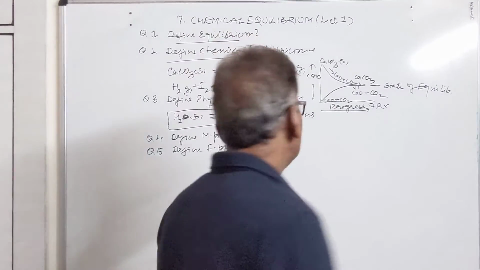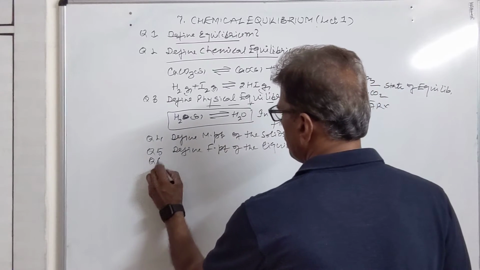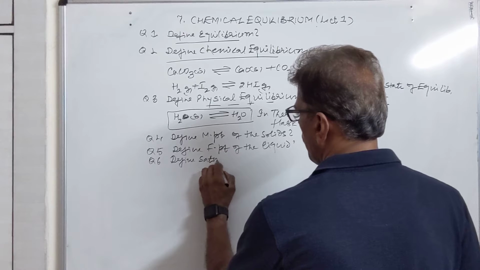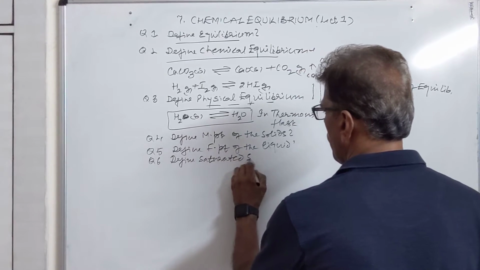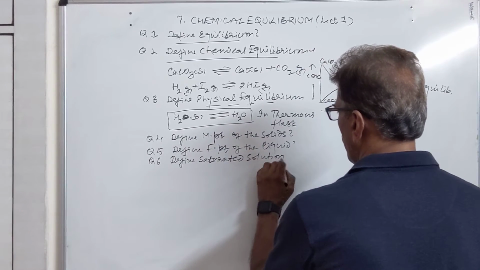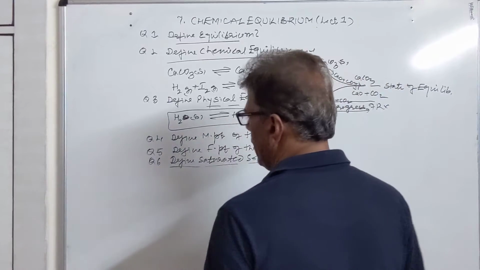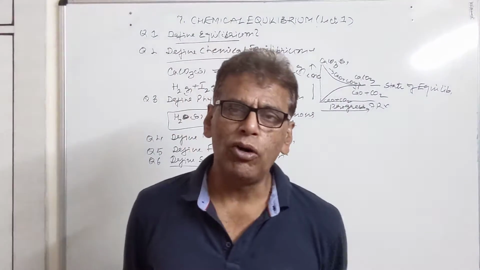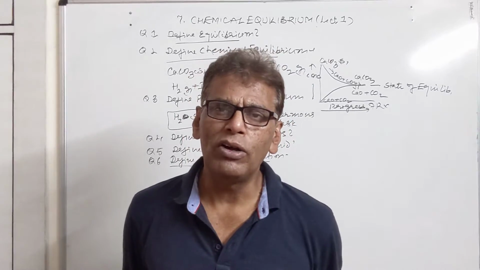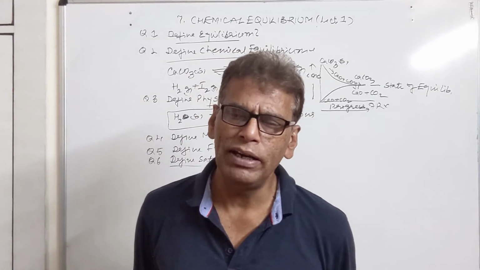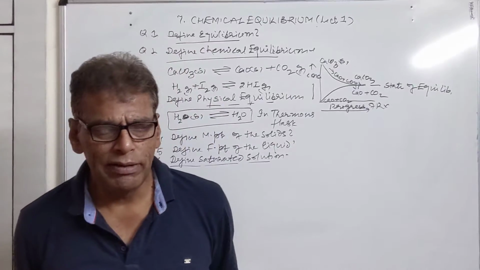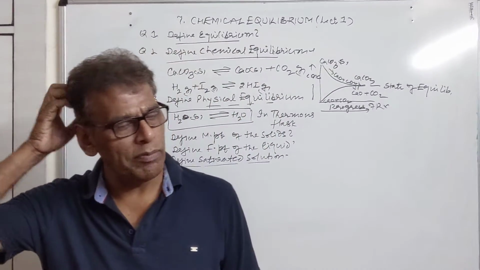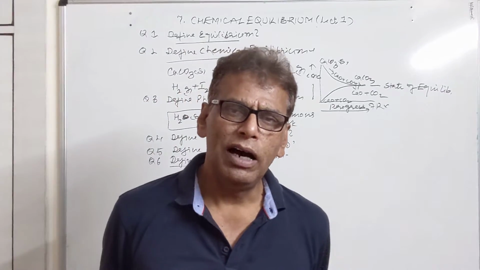Then we have the saturated solution. A saturated solution is that state of the solution at which the maximum amount of solid is dissolved in the liquid. Beyond that, no further solid can be dissolved in the liquid, either by increasing or decreasing the temperature or by changing the pressure above the solution.